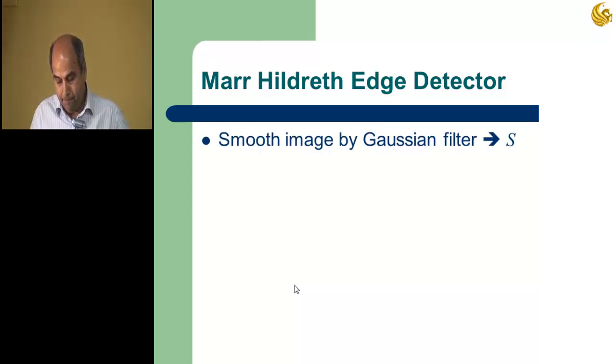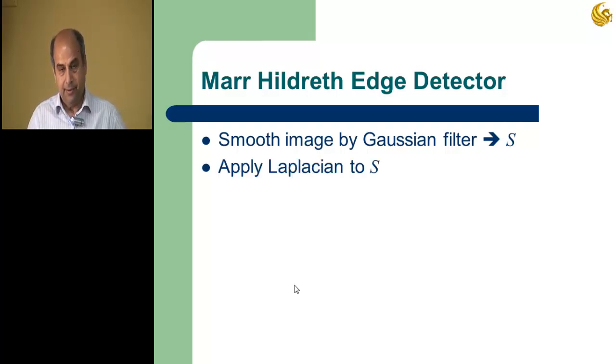Now the Marr-Hildreth edge detector essentially has these operations. First you smooth an image with a Gaussian, and then find the derivative. Here they want the second derivative in x and the second derivative in y.